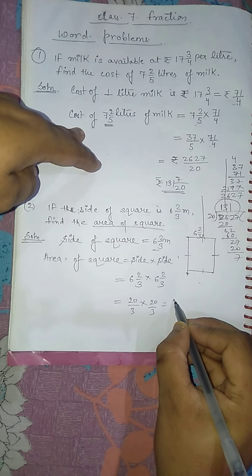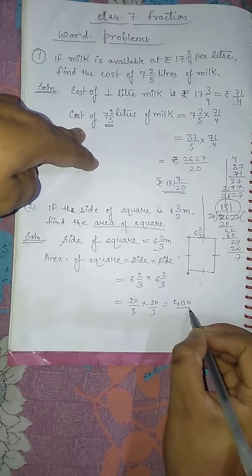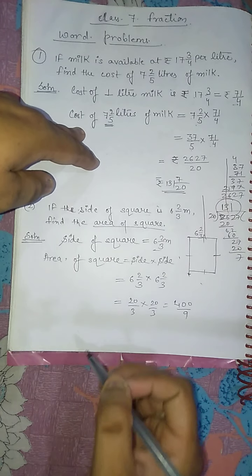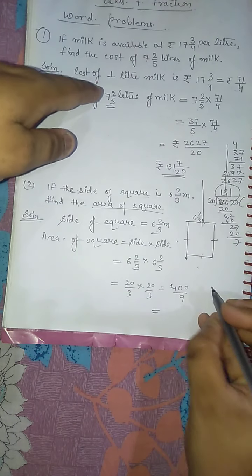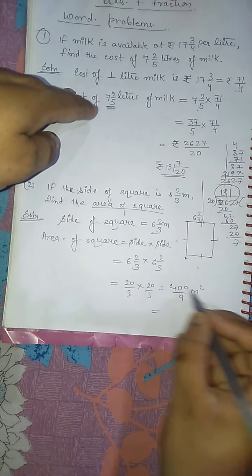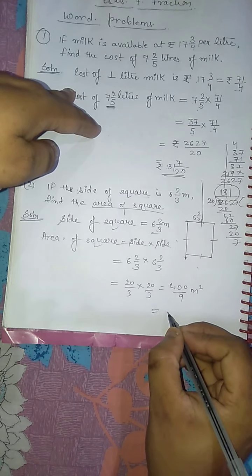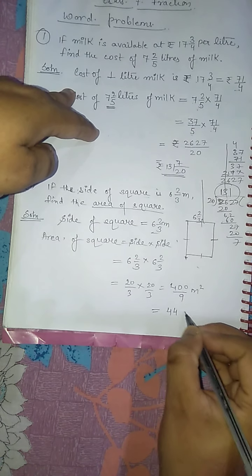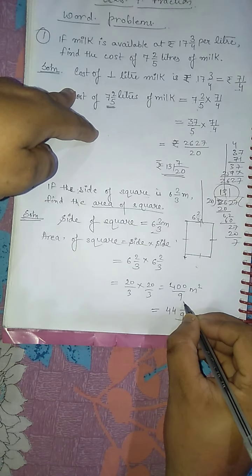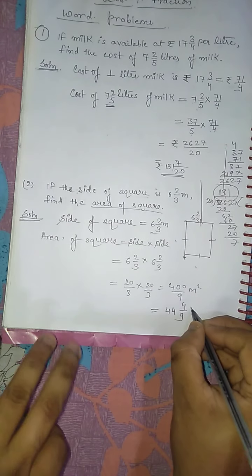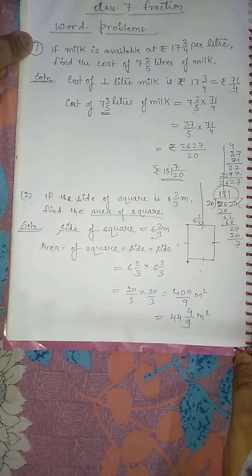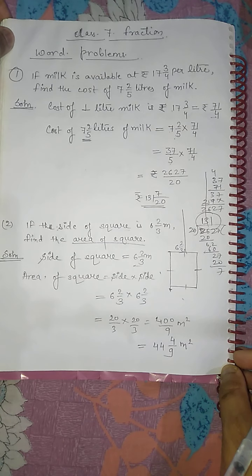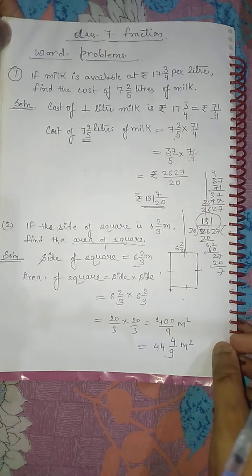So 400 upon 9. You can change it in mixed fraction. 400 upon 9 meter square. 9 fours are 36. Again 4. So 44 whole 4 upon 9 meter square is your answer. You can take the screenshot of this page. Now we come to the next question.